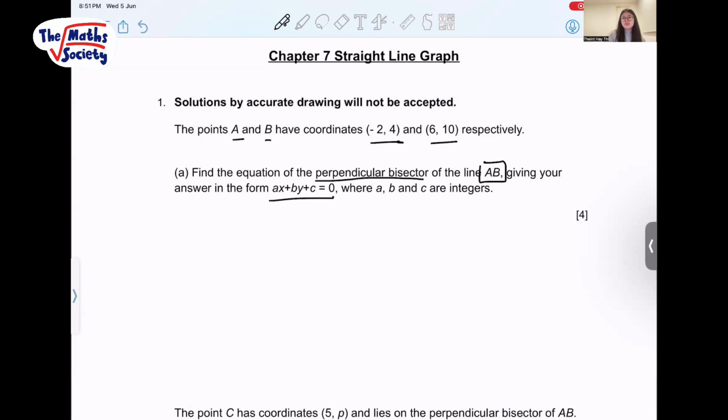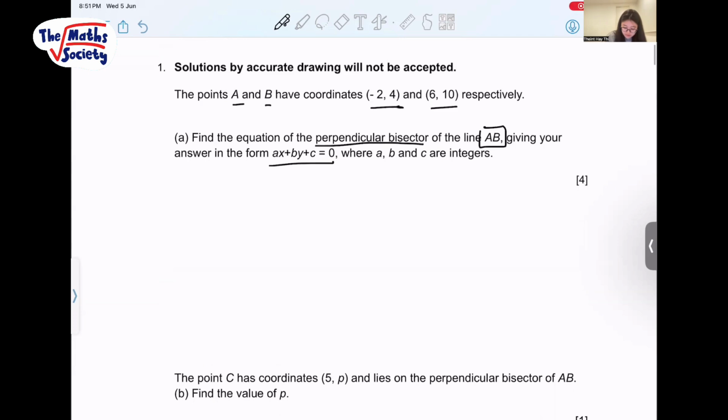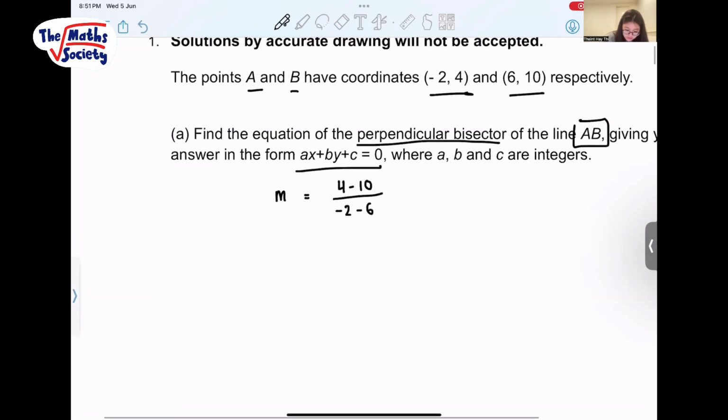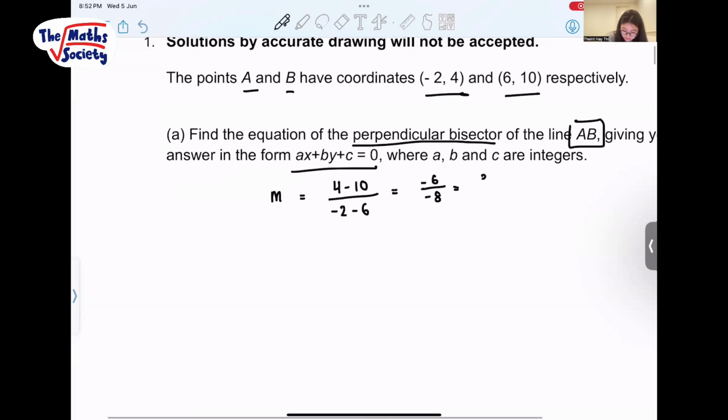So firstly, we need to find the gradient. When finding the gradient, you have m, the gradient, is going to be (4 minus 10) over (-2 minus 6), because it's the gradient formula. And then you'll have -6 over -8, which is 3/4.